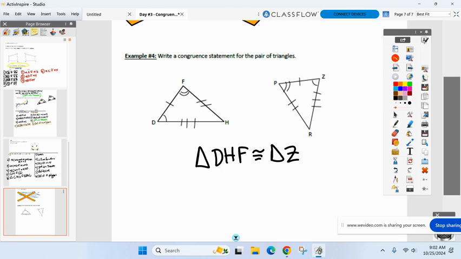Z, P. What's H match up with? R, so R has to come next because H is in the second spot. So R has to be in the second spot, followed by P. Okay, their sides and angles have to match up. All right, let's get going.